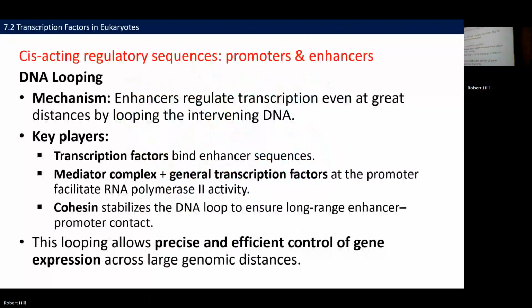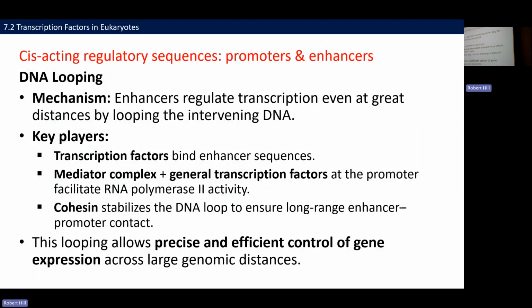Right, so the purpose of this DNA looping is ultimately to organize the transcription of certain genes. It does it in a spatial sense. The loop acts with RNA polymerase at the promoter.